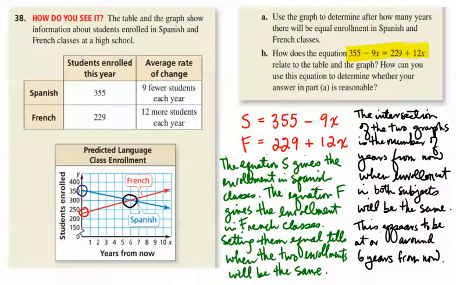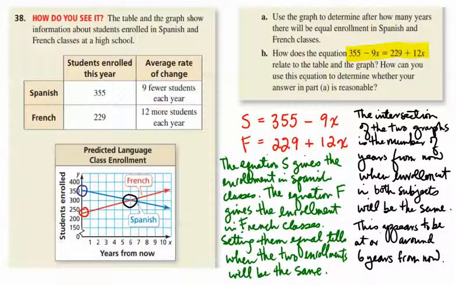Okay, so I've written an explanation there. It says the first equation gives the enrollment in Spanish classes x years from now. The second equation gives the enrollment in French classes x years from now. Setting them equal tells when, in x years, the two enrollments will be the same.